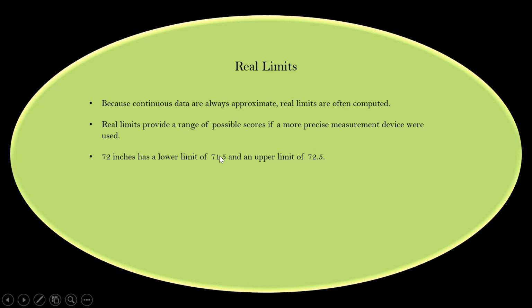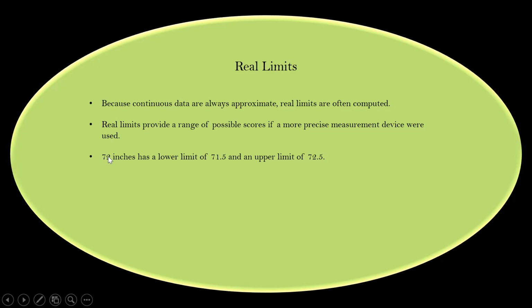So to find the lower and upper limit, all you have to do is look at the last column. And the last column that's shown is the ones column. So half of 1 is 0.5. So I subtract 1, it gives me 71, add a 5, 71.5. Then I add a 0.5, 72.5.